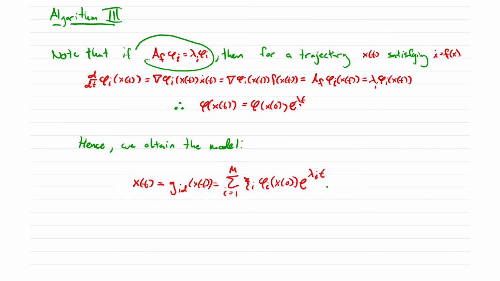Well, if you take a look at the Liouville operator acting on an eigenfunction, you can notice that if you take a trajectory, x of t, that satisfies our dynamics, and you look at the composition of them and take the time derivative, what that can be spun out to is, through this chain of equalities, that the derivative with respect to t of this eigenfunction is equal to lambda times the eigenfunction itself when composed with the trajectory.